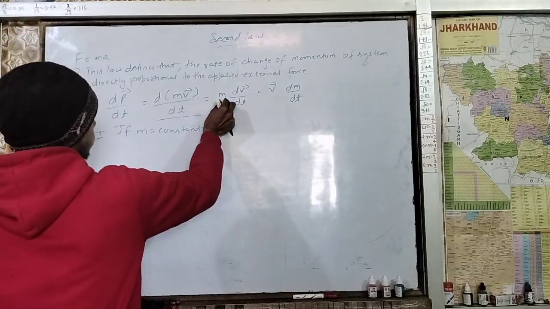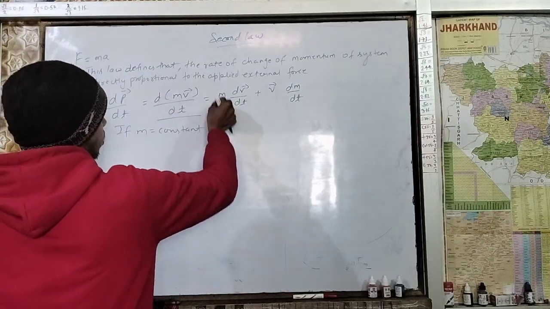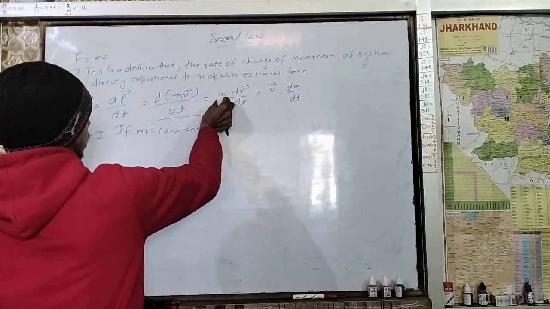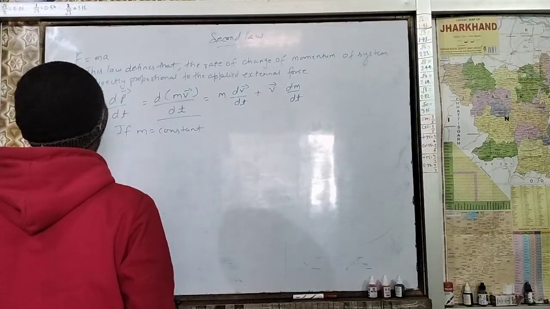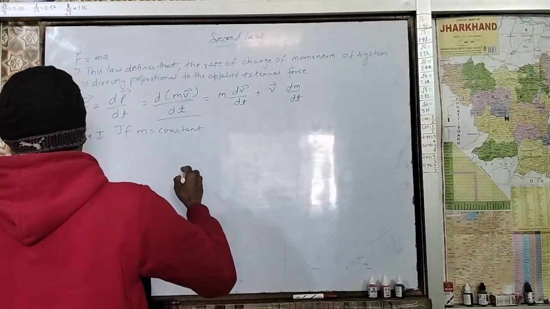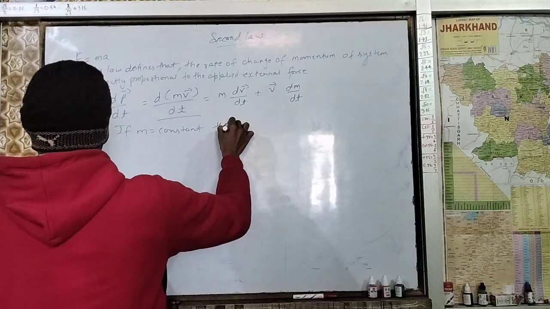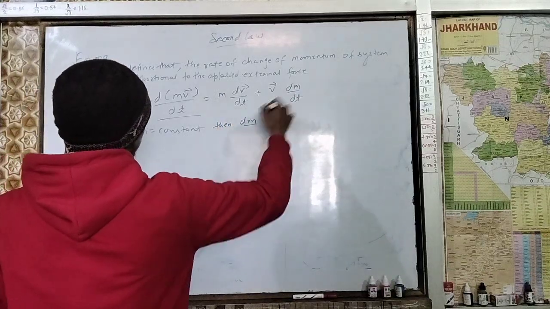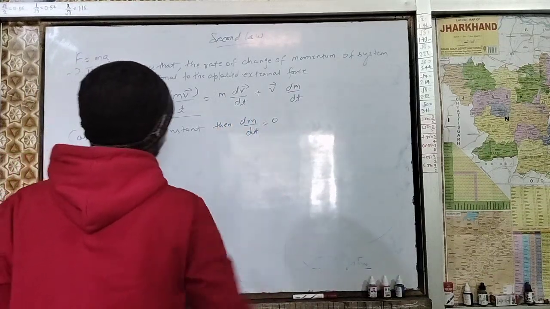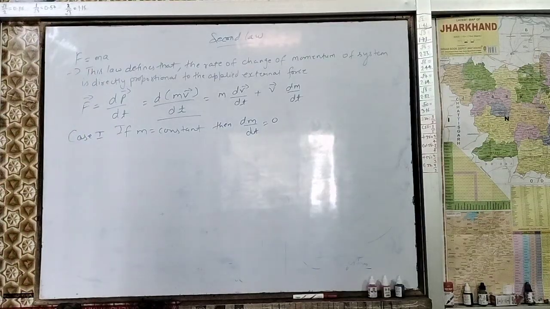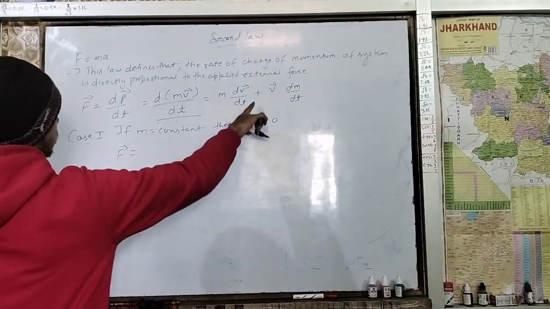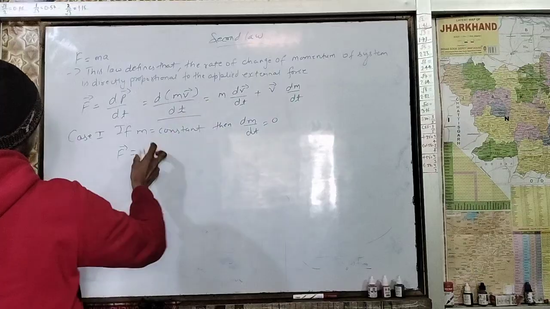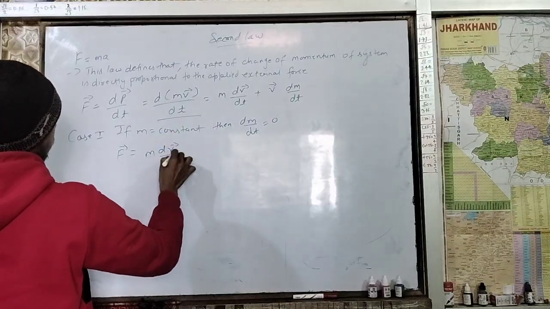So dm upon dt will become 0, and the simple formula will become only m dv upon dt.